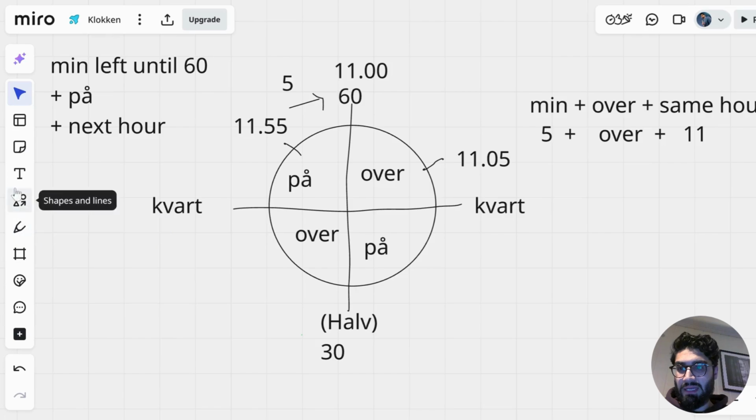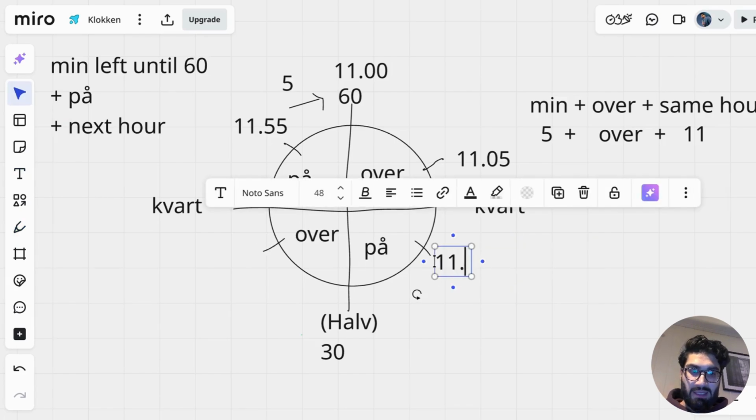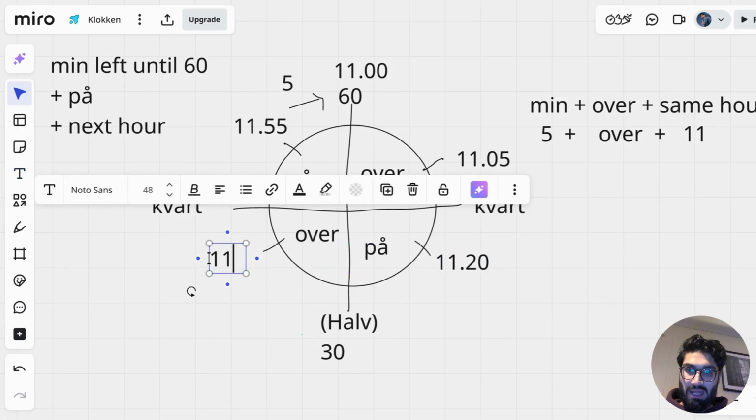And then we have a little bit tricky, a little bit more difficult one. Let's take this one and we'll take this one. Here we can add 11:20 and here we can add 11:40.